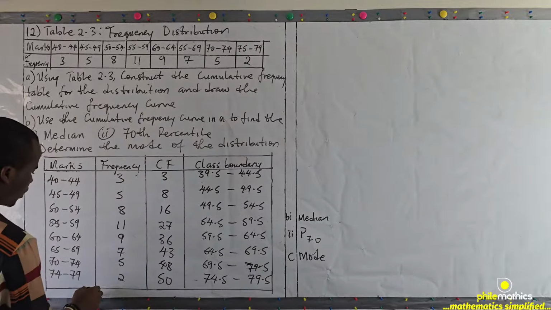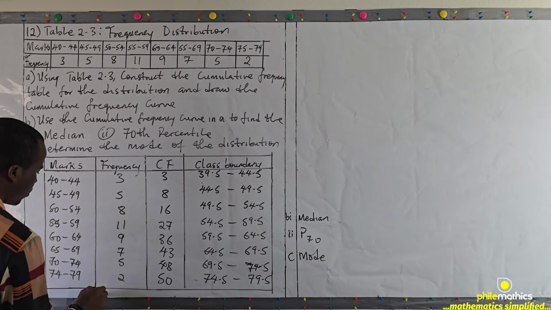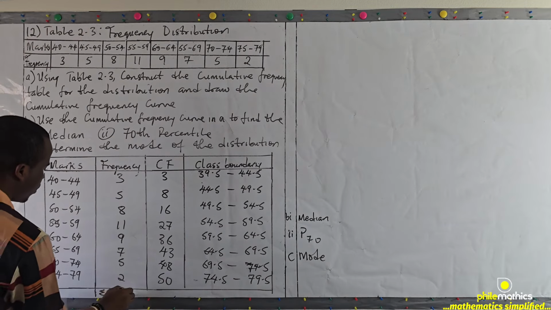Then the cumulative frequency is 50. Summation of F is 50.